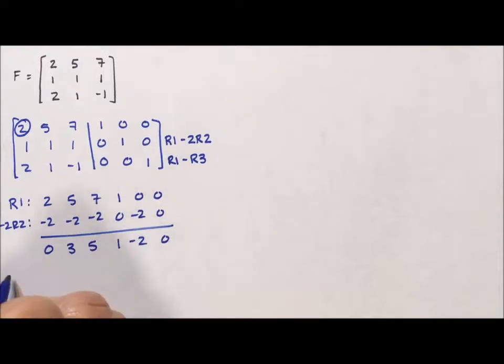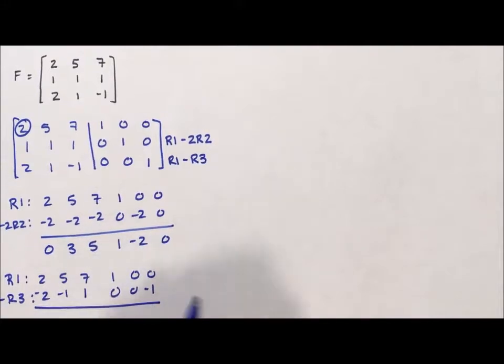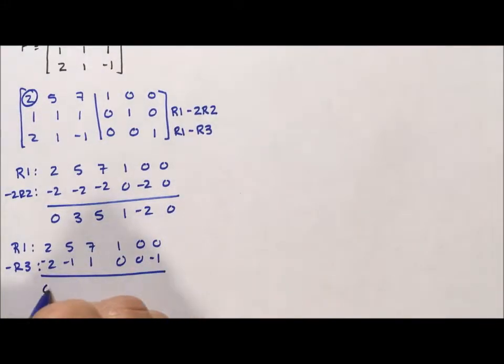Then I'm going to take row 1 again, 2, 5, 7, 1, 0, 0, and subtract row 3 from it. So row 3 is negative 2, negative 1, positive 1, 0, 0, negative 1. And when I add these together, I get 0, 4, 8, 1, 0, negative 1.